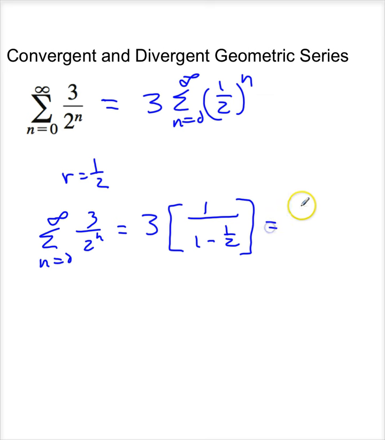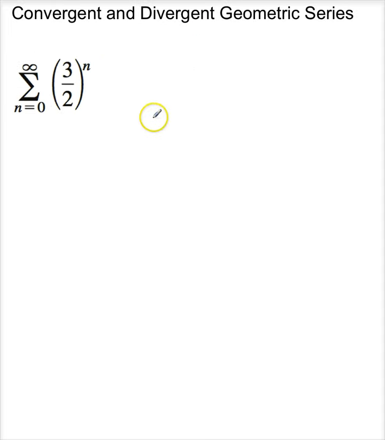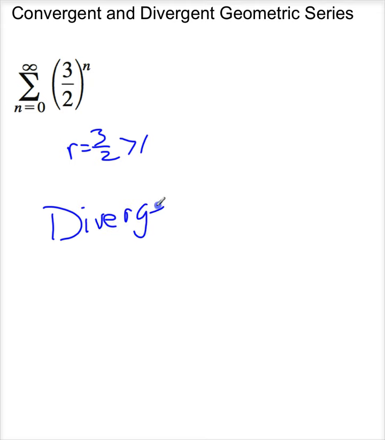So what does this become? 3 times 1 over 1/2, or 6. Let's look at this one right here. Obviously, in this case, r is 3/2, which is greater than 1, so this diverges. We're done.